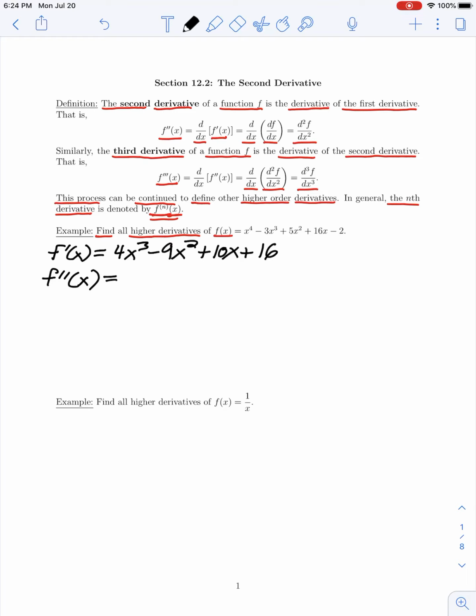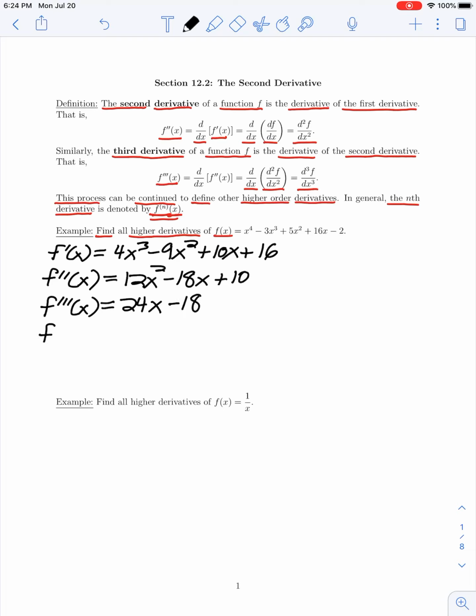Again taking the derivative term by term, we have 12x squared minus 18x plus 10. Then to find our third derivative, f triple prime of x, we differentiate the second derivative, which gives us 24x minus 18.